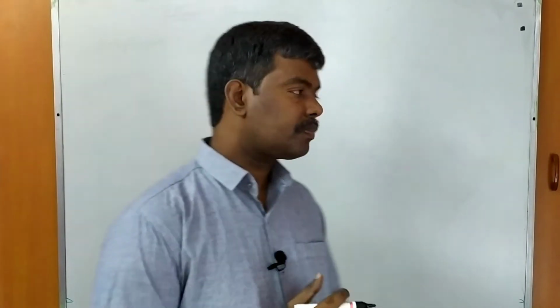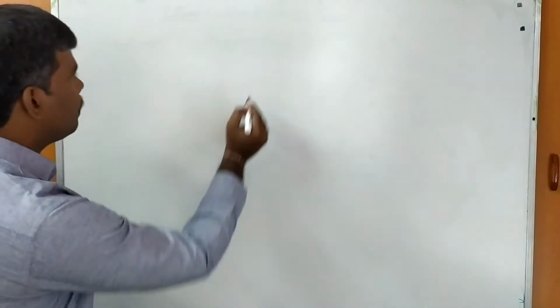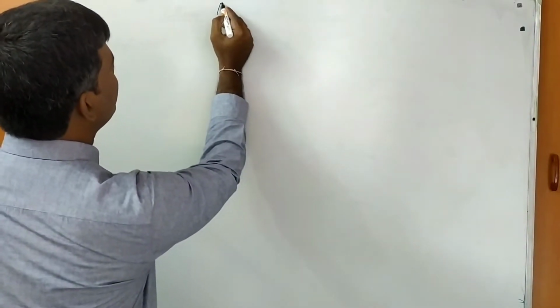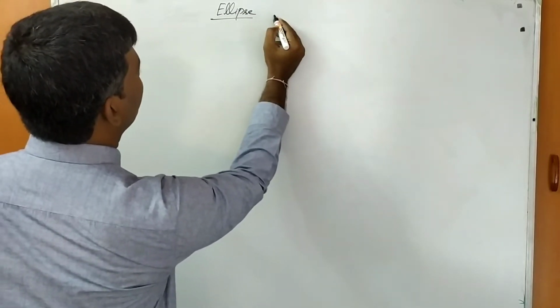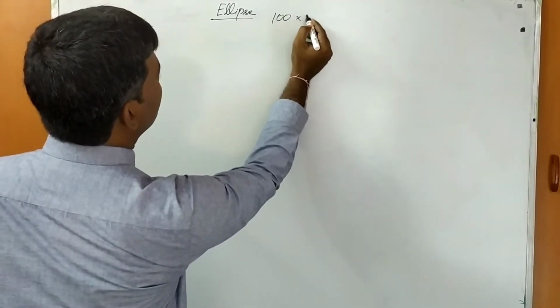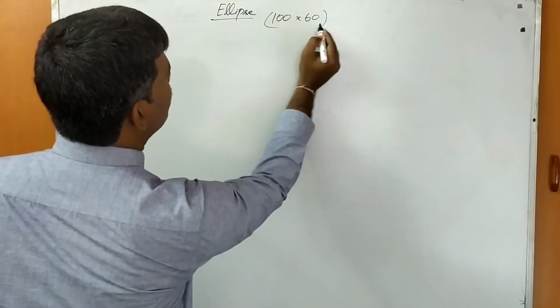Clear? Let's go. So let us assume construction of an ellipse of given size 100 mm into 60 mm. Clear?